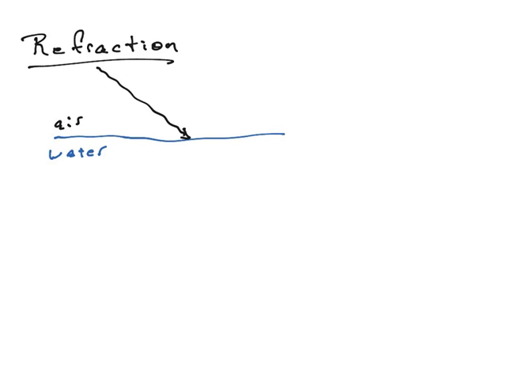And what we find, if we measure the angle, call it theta I, which means angle of incidence. Note here that the angle is always measured with respect to what's called the normal, and normal means perpendicular in physics. So the angle is always measured with respect to the perpendicular line, which in this case is vertical, the dashed line.